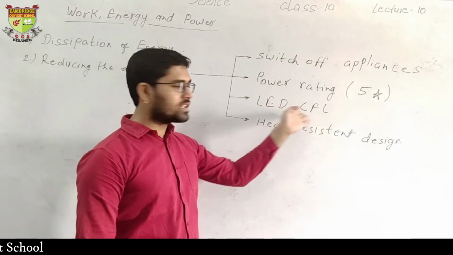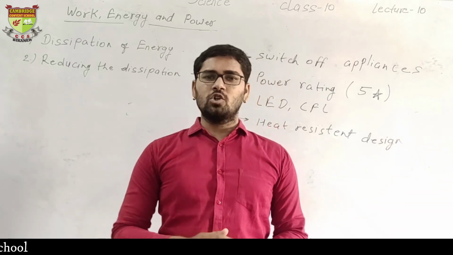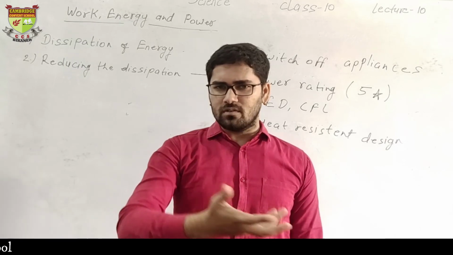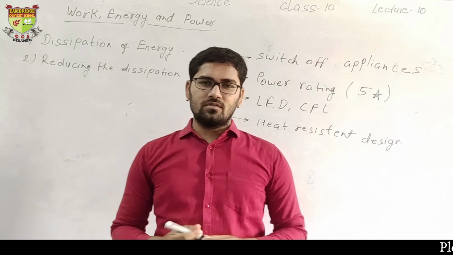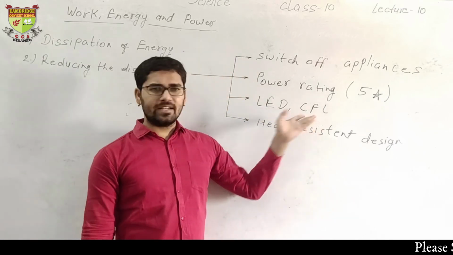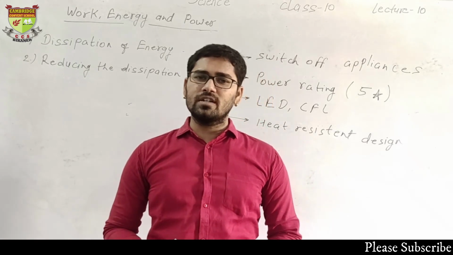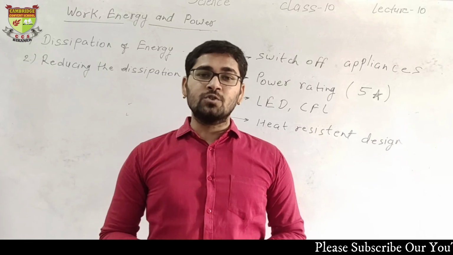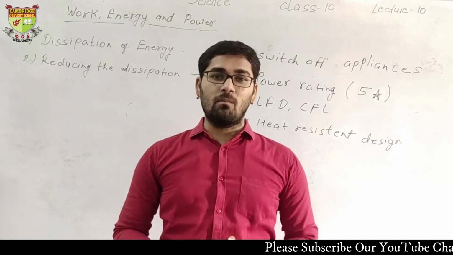What is next? Use LED and CFL types of bulb. In olden times, we used to use the round bulbs of a traditional kind, but nowadays, what do LED and CFL do? These are the new modern technology bulbs. They consume less electricity, less power, and give us more brightness, more light energy.